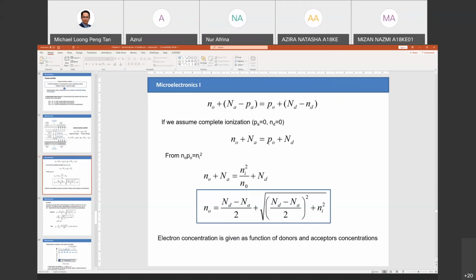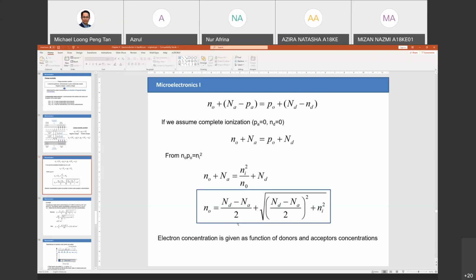So they replace this PO with Ni squared divided by NO. Similarly, they move around and get this NO. And if you change this one to Ni squared divided by PO, then you get another expression for PO.